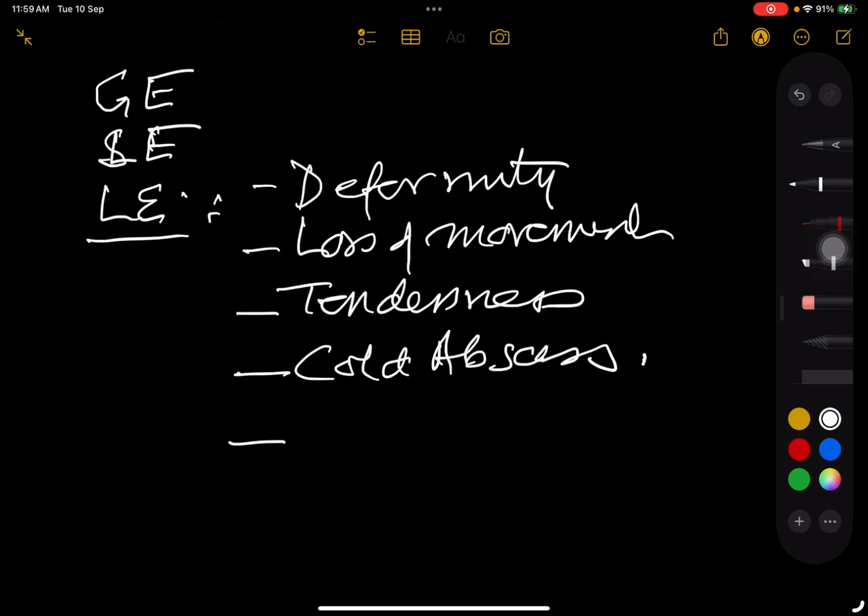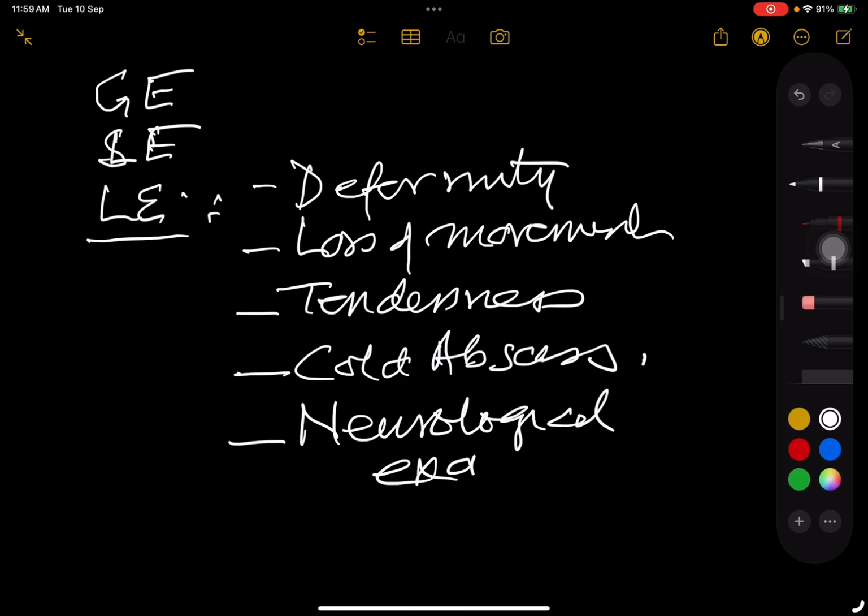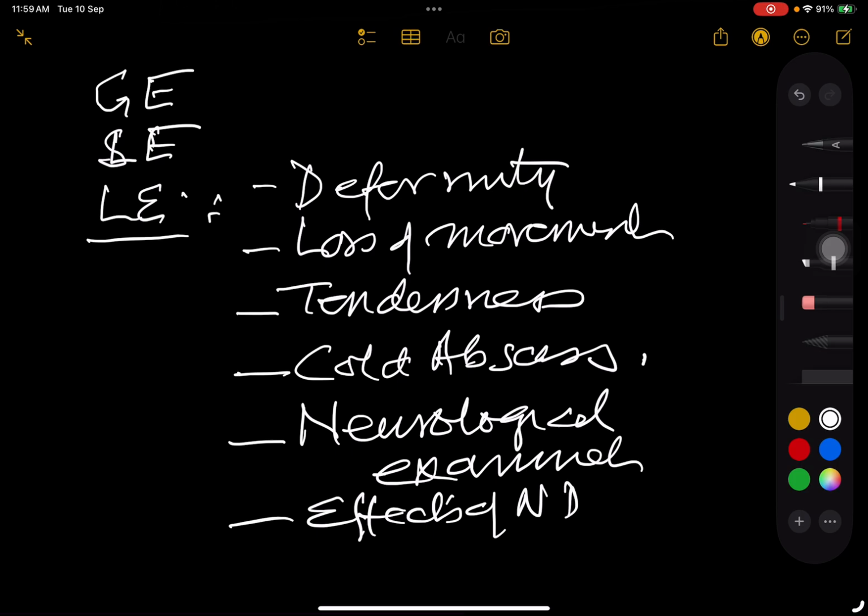Alright. And then neurological examination and effects of neurological deficit.